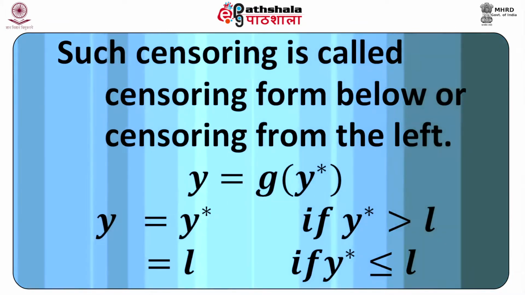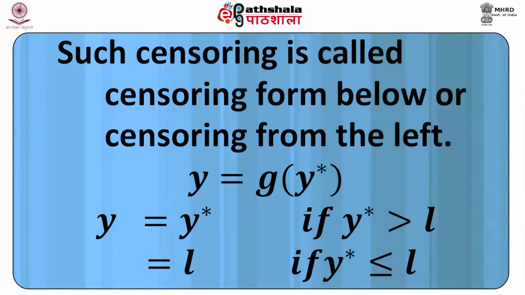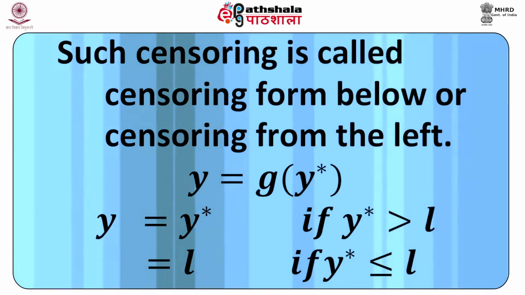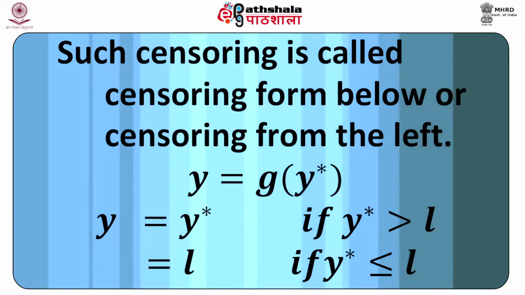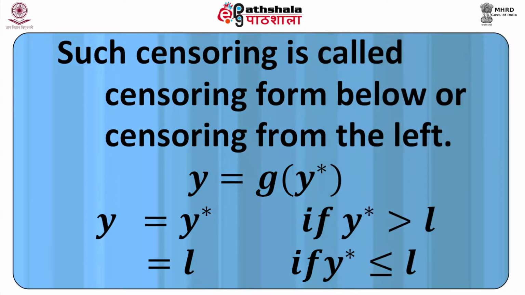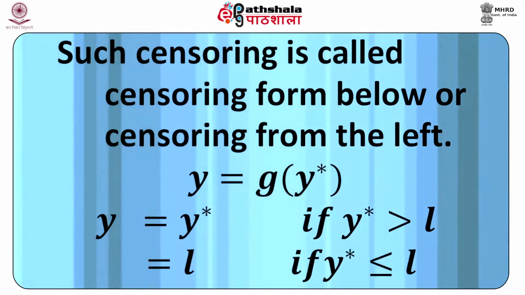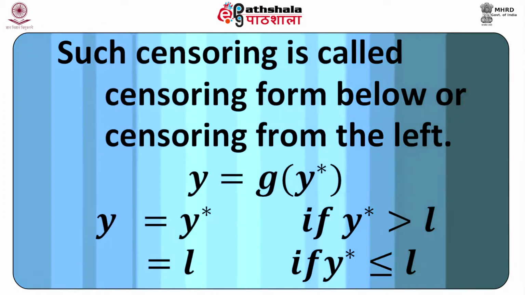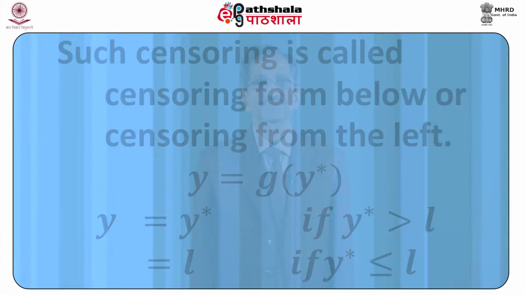Such censoring is called censoring from below or censoring from the left. So let us denote y equal to a function of y star: y is equal to y star if y star is greater than L, and is equal to L if y star is less than or equal to L.